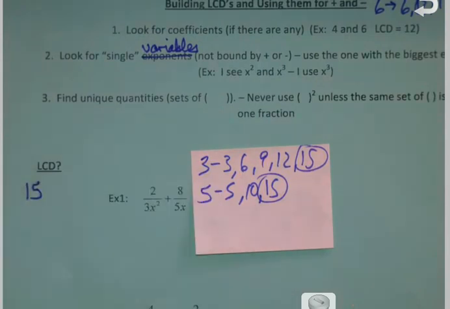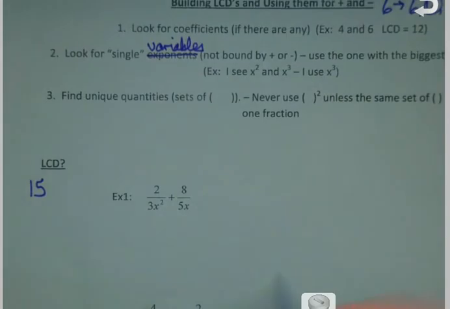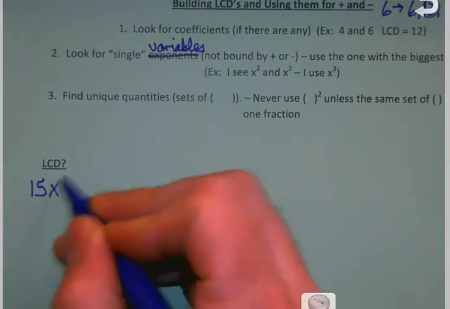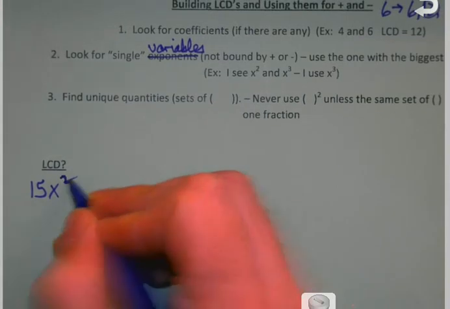So here my LCD, numeric part, the coefficient would be 15. Then I'd look for single variable terms. Again, not in parentheses. Take the bigger one. There are no sets of parentheses, there are no quantities, so that's going to be my LCD.